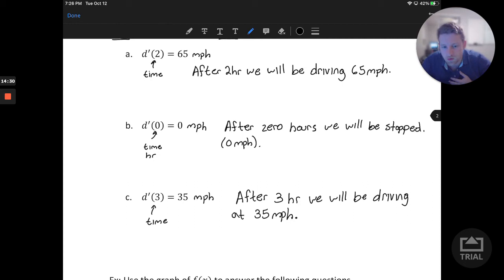So our speed at the 3 hour mark, we will be driving at 35 miles per hour at that moment. That's not an average rate of change, it's just an instant rate of change, as if we were clocked at that speed at that hour.